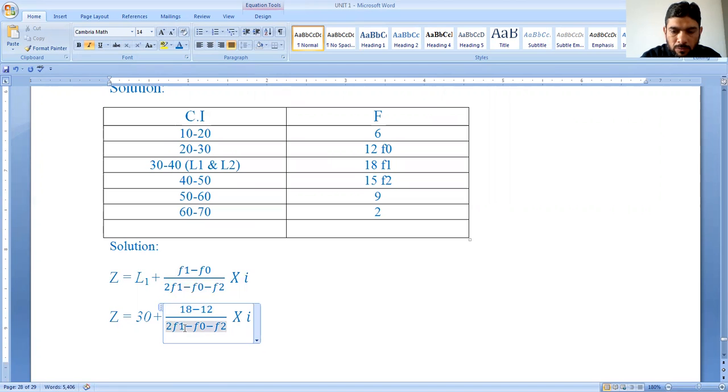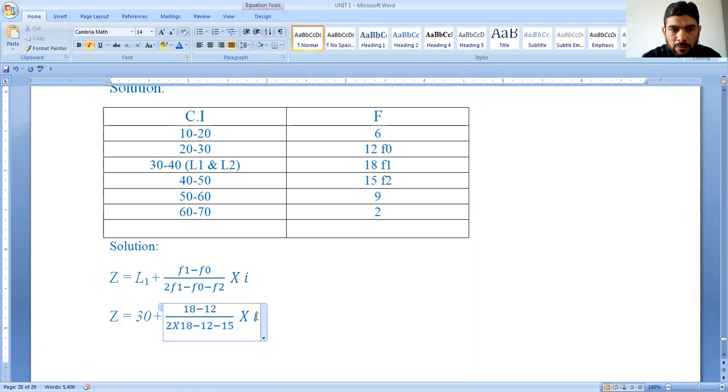Then twice F1, that is 18, minus F0, that is 12, minus F2, that is 15, the frequency of the next class interval.